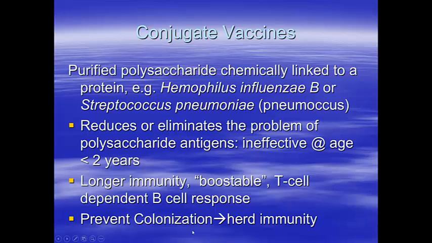Furthermore, it's been shown that these conjugate vaccines actually prevent colonization. So Streptococcus pneumoniae and Haemophilus influenzae can colonize or live on the surface of the upper respiratory tract, like in your throat and sinuses and so on. And so these vaccines actually lead to eradication of carriage of some of these bacteria from the oropharynx.